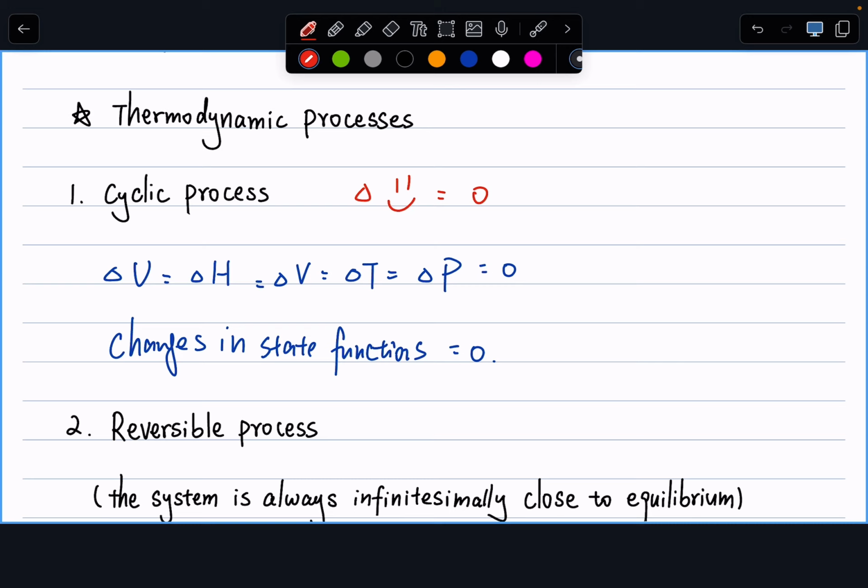Now we ask you, what do you know about the smiley face? Is it a state function or a line integral? So in this case, if that change vanished, then my smiley face is a state function. We'll use that in chapter 3 to define entropy, which is a new state function.